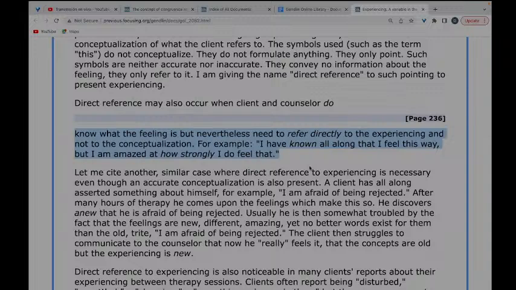And I would maybe just throw in my own example, being like, if it were referencing a concept, it could be like, I know that I have trauma related to my father, right? Or like, I know that I have this Oedipal complex, or I know that I'm codependent with my girlfriend, right?